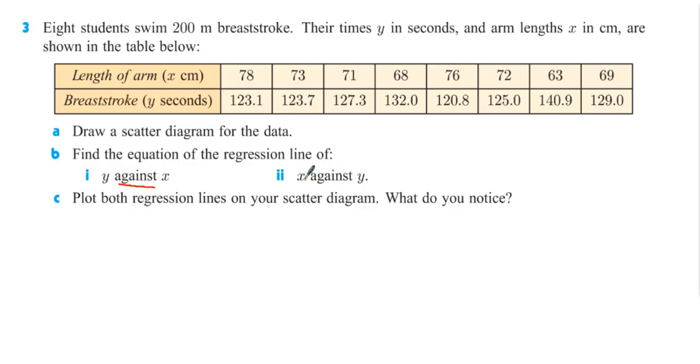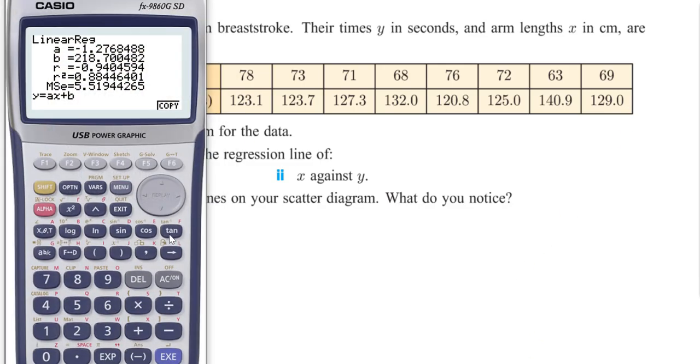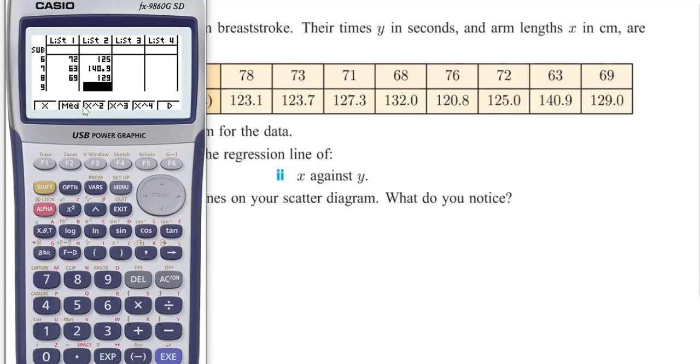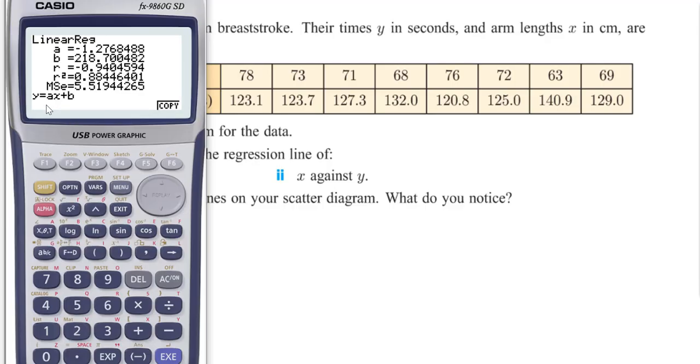Let me show it on the calculator. I have already input the data to save some time. We go to calculation, then regression, and I need to press X. So here I have my equation.